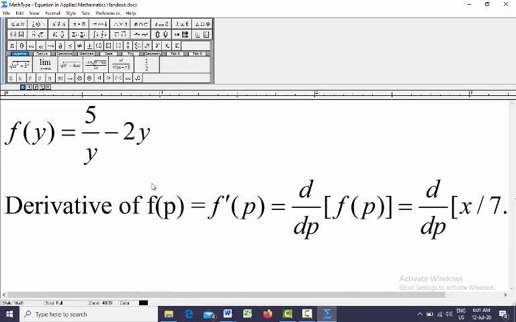This is the function. Suppose we have a function like this, where y is the variable.